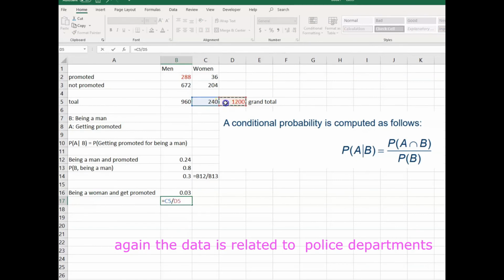It's also smaller. The ratio of these two will be our conditional probability. So the conditional probability for a man getting promoted is 30%. The conditional probability for a woman getting promoted is only half, 15%.